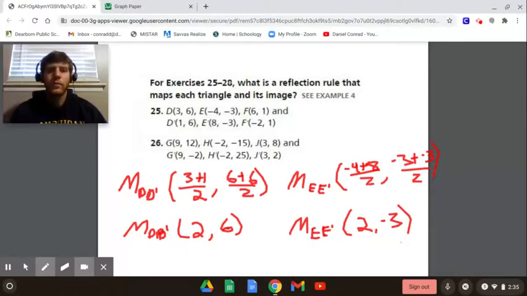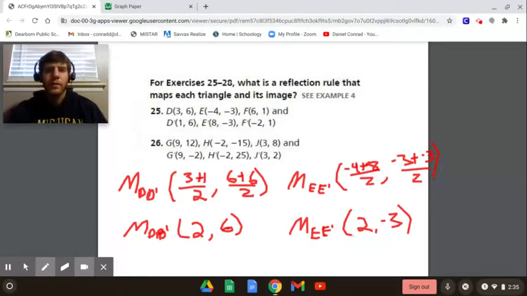Once you have those 2 midpoints, they are going to be part of the line that we're reflecting over. We could also find the midpoint of F and F prime if we wanted, and it would also be on that line. But to find the equation for a line, you only need 2 points. So if we find the midpoint of D and D prime and the midpoint of E and E prime, we'll be able to come up with the line.